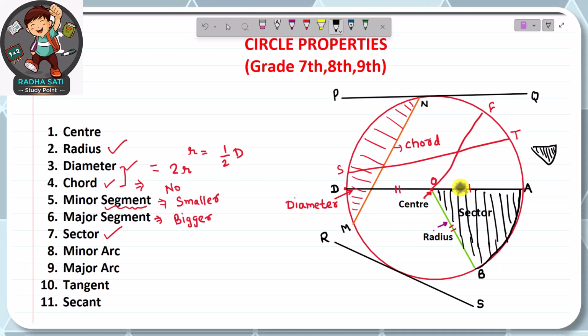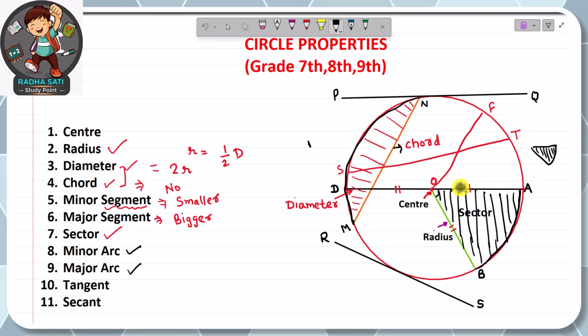Okay. Now again you can see that there will be a minor arc and major arc. After the sector, the next topic is minor arc and major arc. So again, as this MN is a chord, you all know this is a chord. So this chord, this one, this is an arc.